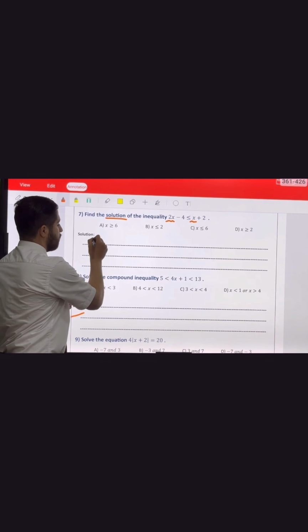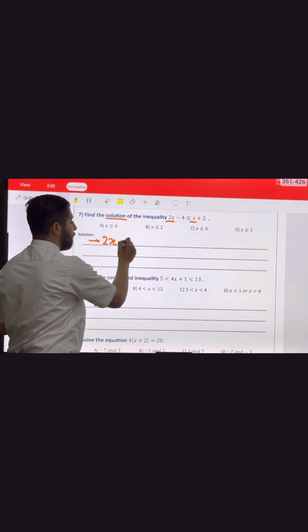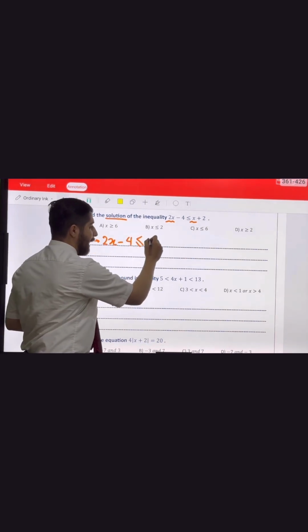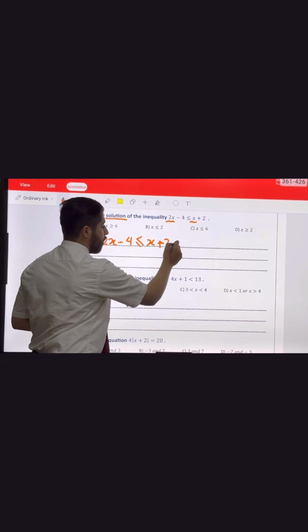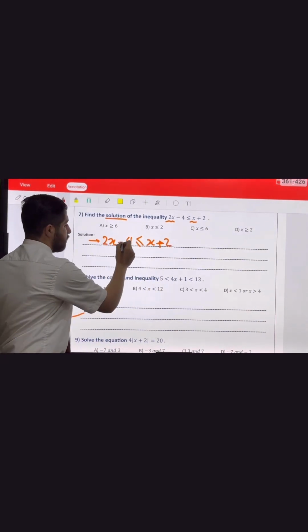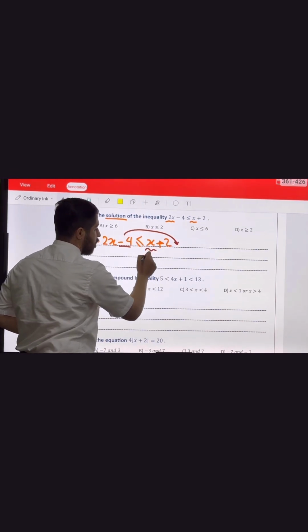again. 2x minus 4 less than or equal to x plus 2. Okay? Now, this part here goes to this side, changing side. This goes to that.